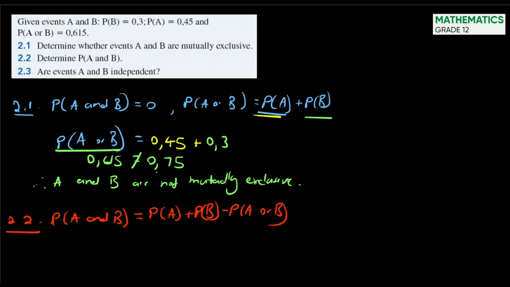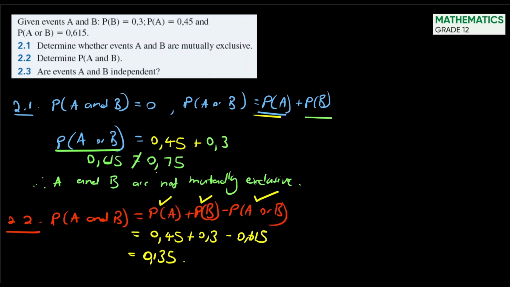So we have the probability of event A, which is 0.45, the probability of event B, which is 0.3, and the probability of event A or B, which is 0.615. We just substitute: 0.45 plus 0.3 minus 0.615. When you substitute that in my calculator, we get 0.135. That's the probability of event A and B.